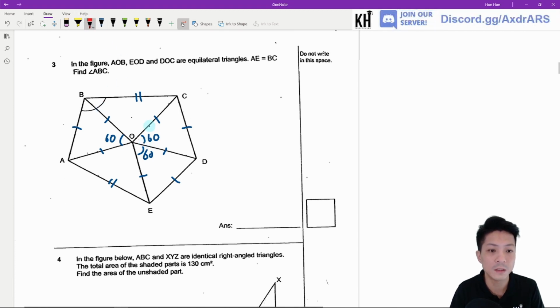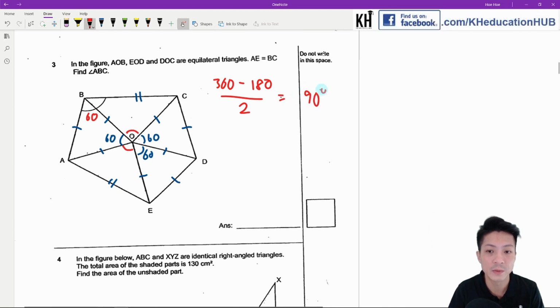The first thing that we're going to realize is we already know that this is 60. So we need to try and find this part over here. These two angles are the same, so if I use 360 minus 180, I divide it by 2, I get 90 degrees.